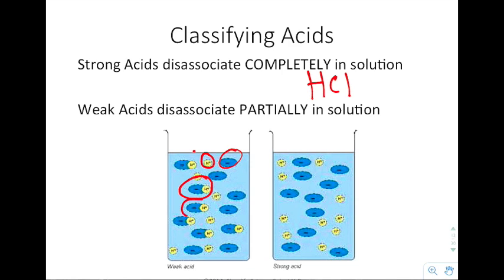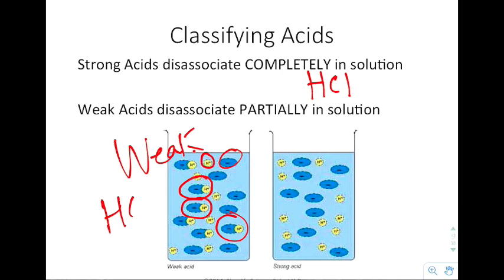These are still associated, this is still associated, this is still associated. So this would not be considered a strong acid, it'd be a weak acid. In fact, because of that, it cannot be HCl, because HCl is what we call a strong acid, and it dissociates completely. None of the protons or hydronium ions are attached to any of the anions. So because of that, we have a strong acid.